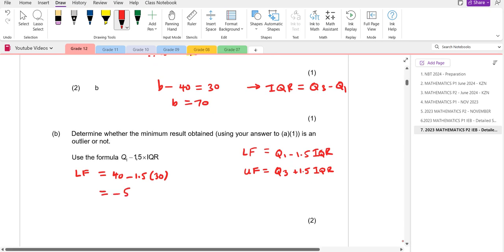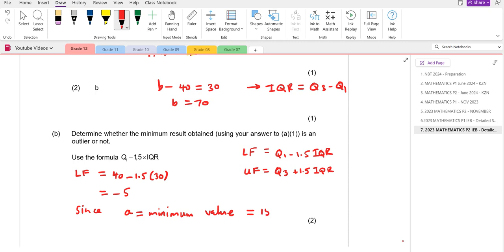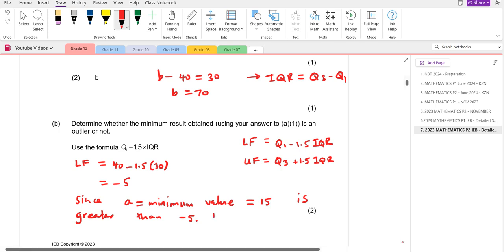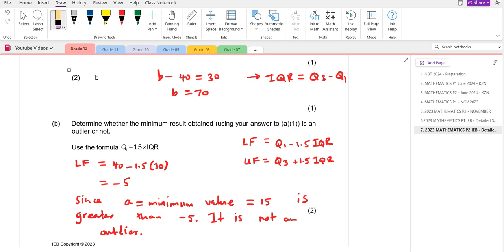So you're going to say, since A is the minimum, since A is equal to minimum value, which is equal to 15, is greater than negative 5, it is not an outlier. Okay, so I hope you guys understood that.